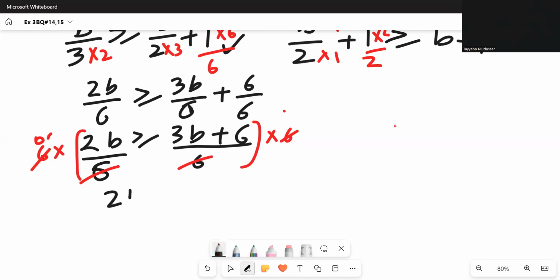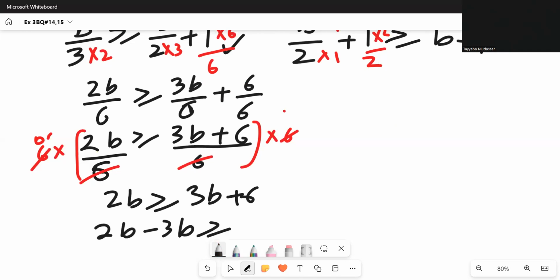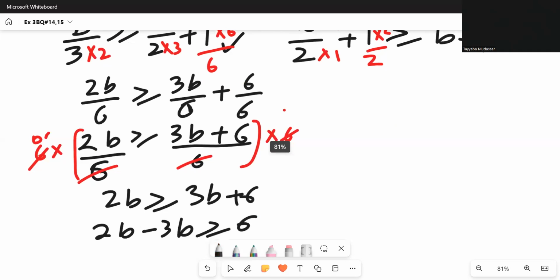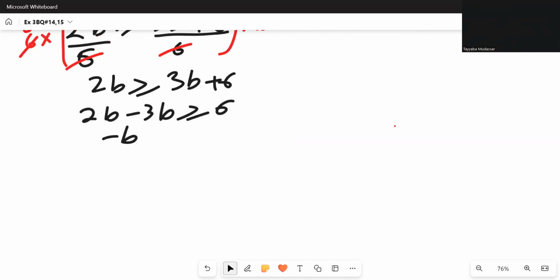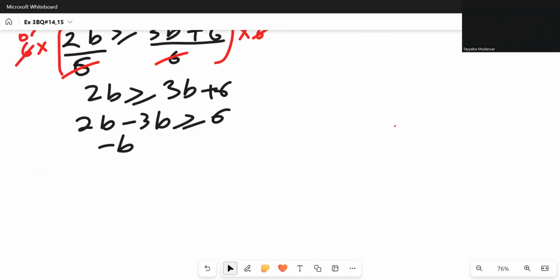Now it is 2b greater than or equal to 3b plus 6, and it will be 2b minus 3b greater than or equal to 6. And here it will be minus b greater than or equal to 6.